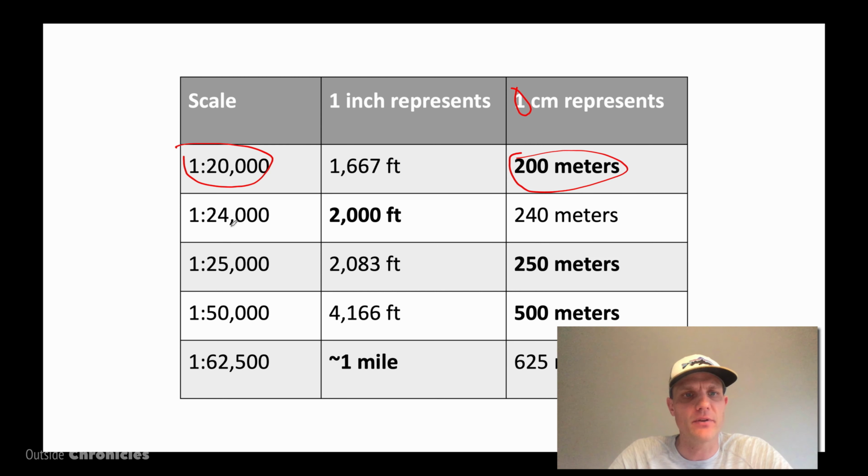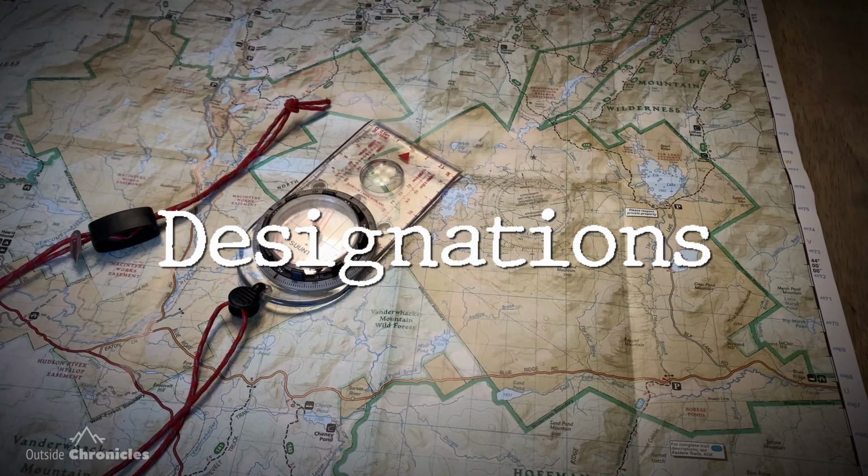Similarly, a 1 to 24,000 map is conveniently used in feet because 1 inch represents 2,000 feet. Kind of an older version, the USGS used to have them in this format, was the 1 to 62,500 because 1 inch approximately equaled 1 mile.